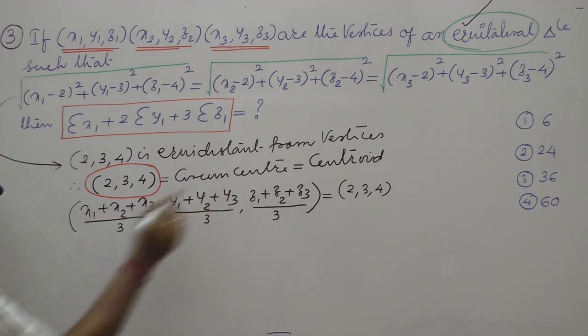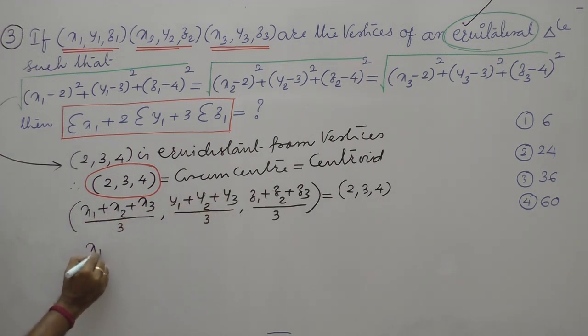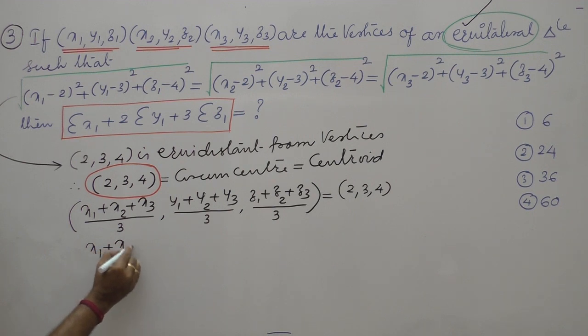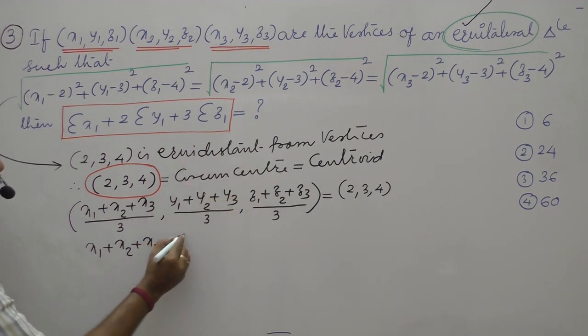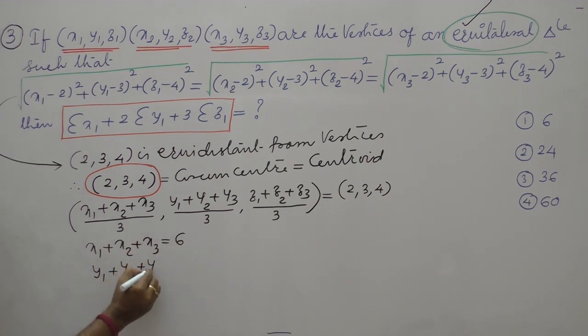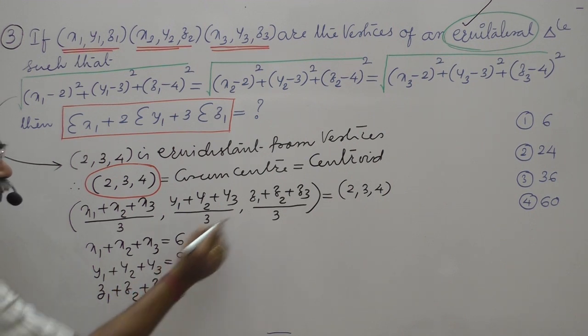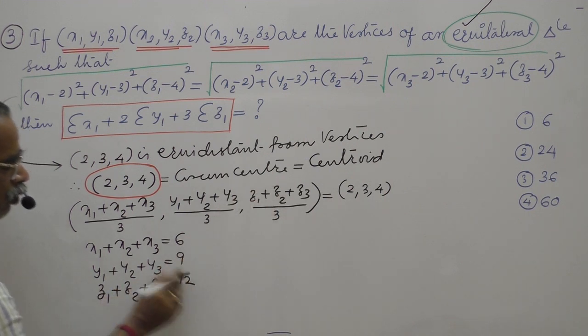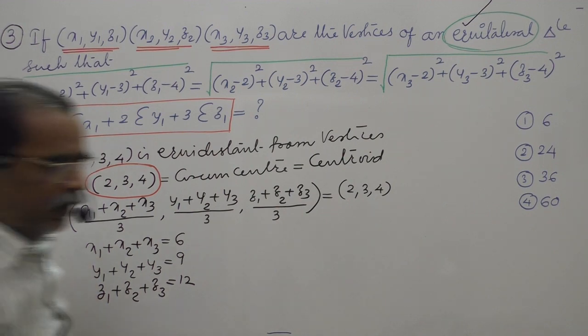If you equate first coordinates, you will get x1 plus x2 plus x3; if you write 3 on the other side, it becomes 6. Similarly, y1 plus y2 plus y3 will be 9, and z1 plus z2 plus z3 will be 3 fours, 12. So we obtained these 3 equations.